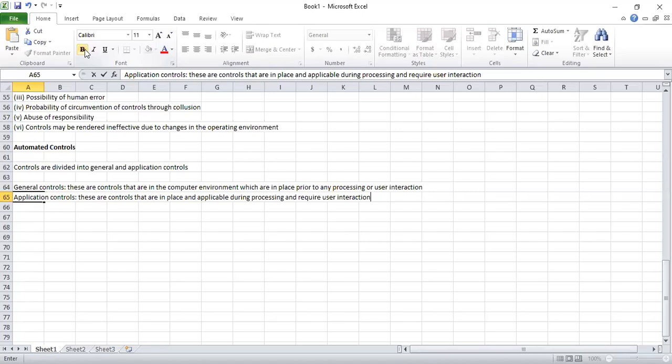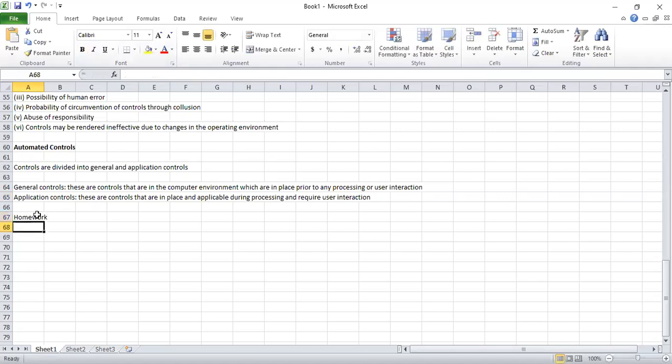So what I want you to do, as part of your homework, is read on the following: general controls and application controls in a computerized environment.